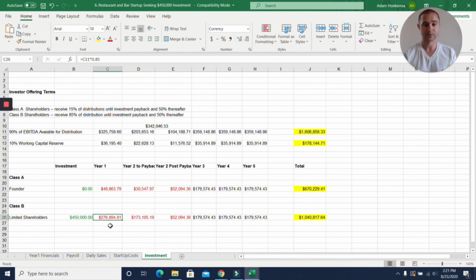Again, as a potential investor or lender, I'm going to be thinking, one, why do you get 15% as a founder if you're not putting in any cash yourself? So that's a question. And then I think more importantly than any of that is, boy, these EBITDA numbers look pretty good for a restaurant.